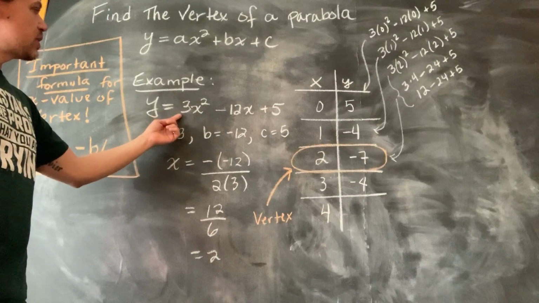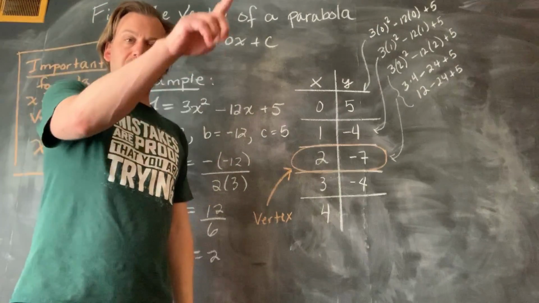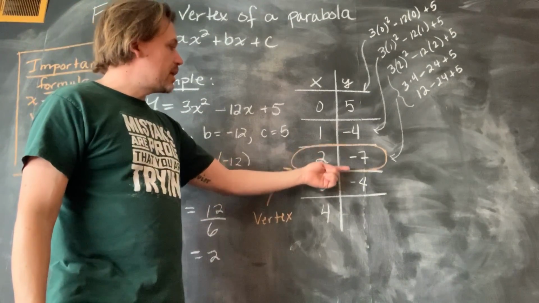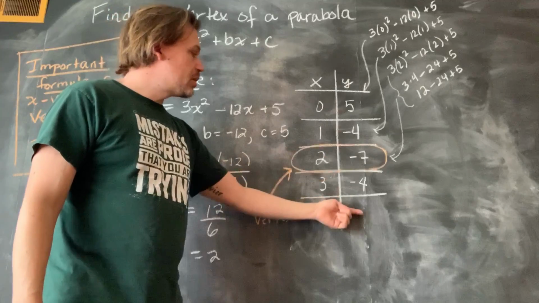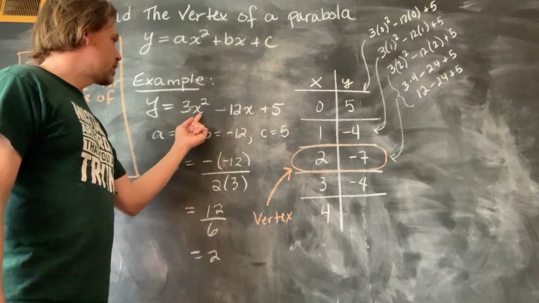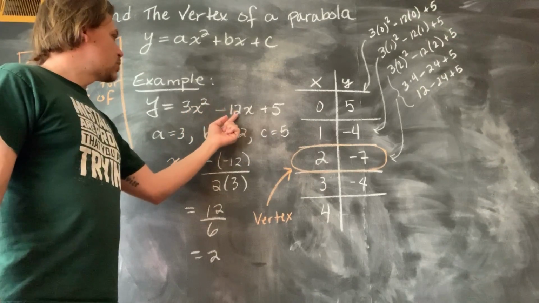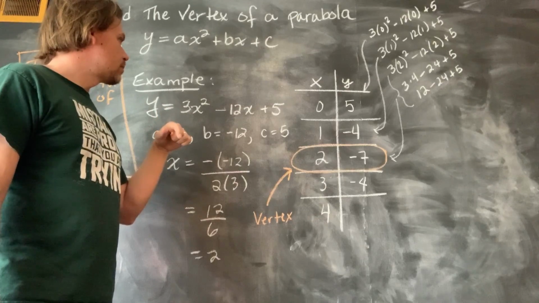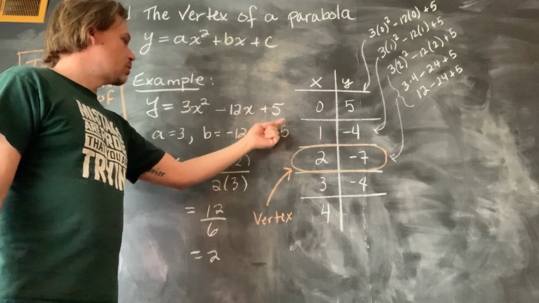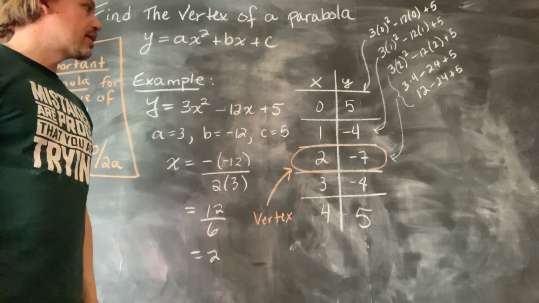The leading coefficient is a positive number, 3. That means it's going to be facing up, a happy face parabola. And see how this negative 4 repeated? Well, the next number is going to be 5 if you do the math. If I put in a 4, 4 squared is 16. 3 times 16 is 48. 12 times 4 is also 48. 48 minus 48 is 0. 0 plus 5 is 5. So that's how that table works.